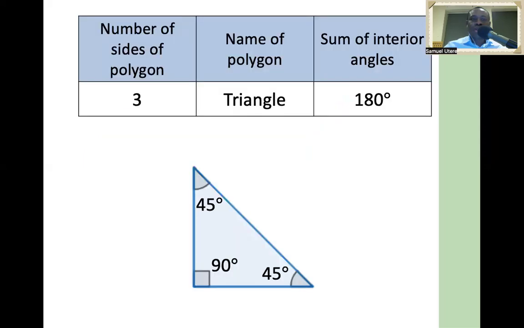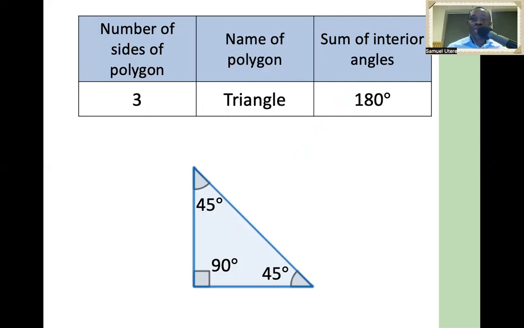Let's investigate another fact. Look at this table carefully. We've written the number of sides of the polygon, the name of the polygon, and the sum of the interior angles. This is the first fact we learned in our previous lesson. Let's add to this table of facts. In fact, in the future, you will see this table again, and we're going to add some more facts to it when we investigate other polygons.